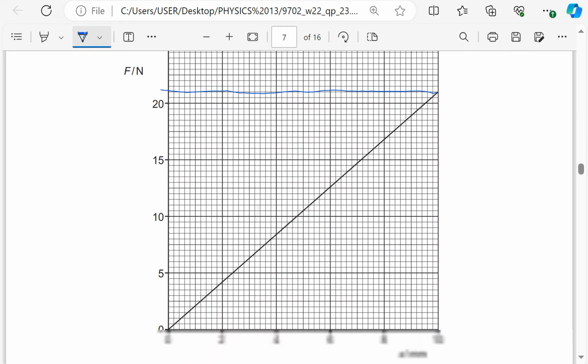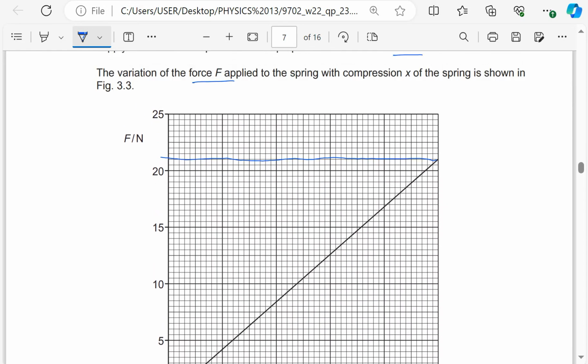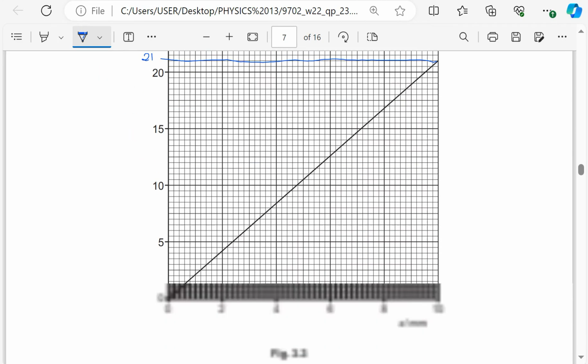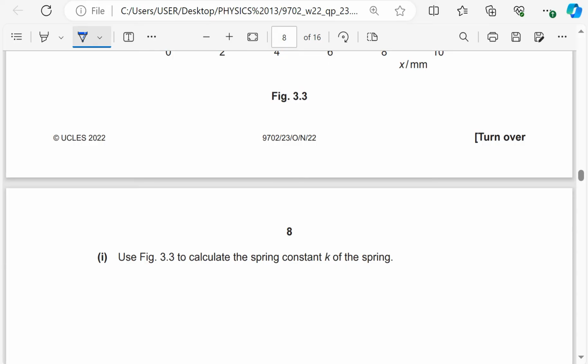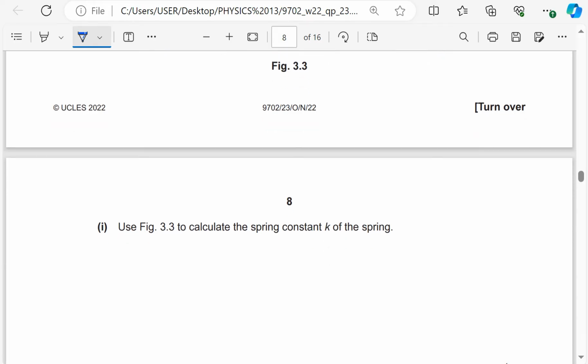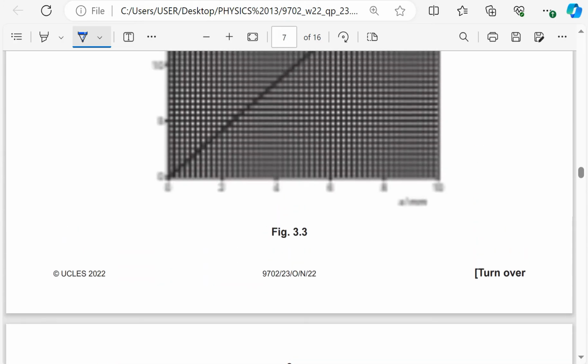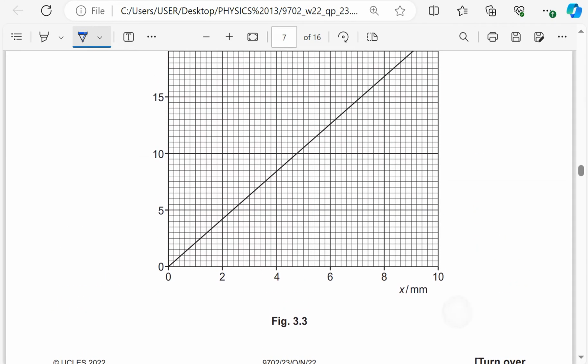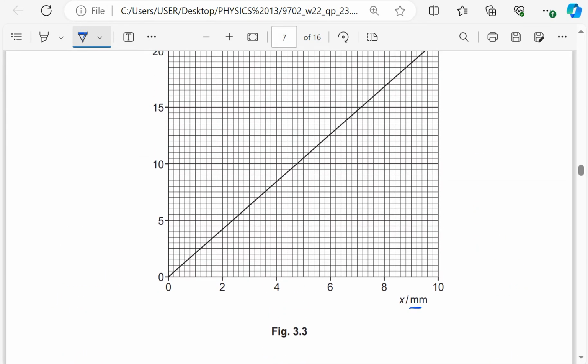The scale is 5 divided by 10, which is 0.5. So this is most likely going to be 21. Use the figure to calculate the spring constant. So of course, by Hooke's law, K is the change in F over the change in extension, which is the same as the gradient. So K is going to be 21 minus 0 newtons divided by, on the x-axis, 10 minus 0, but this is in millimeters.